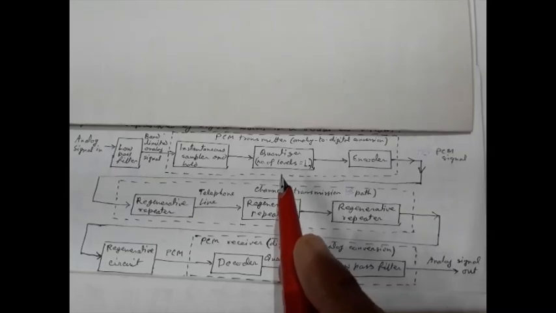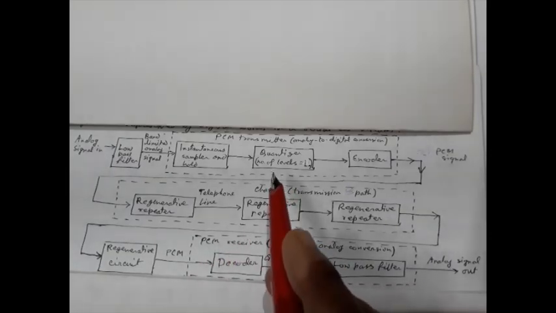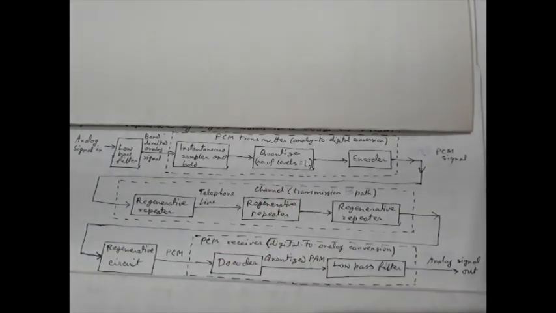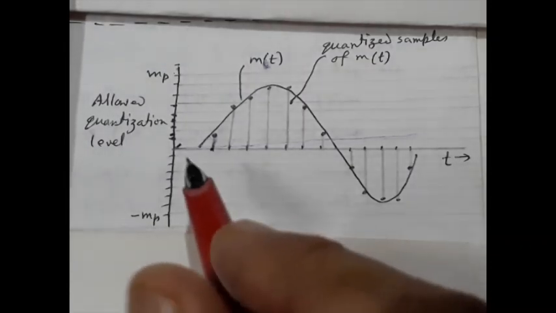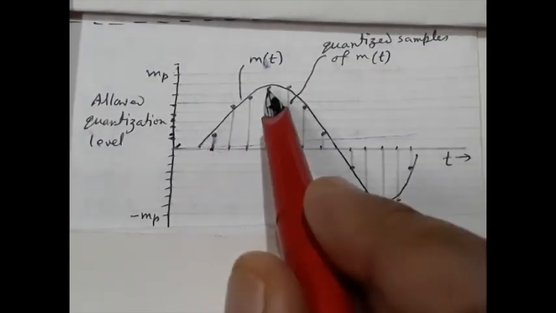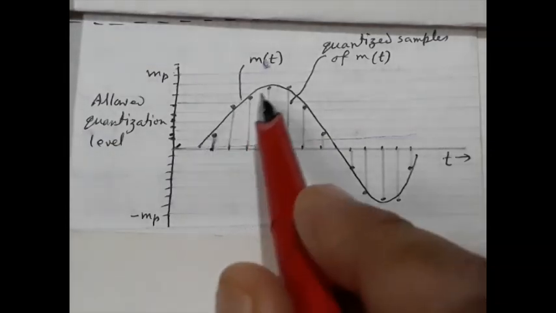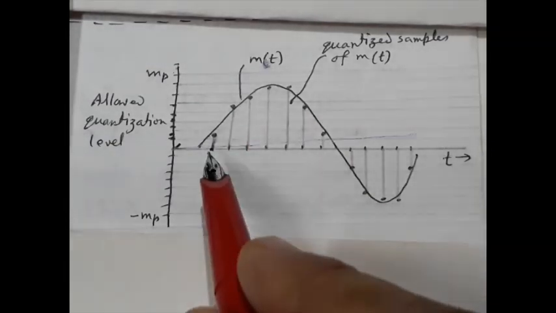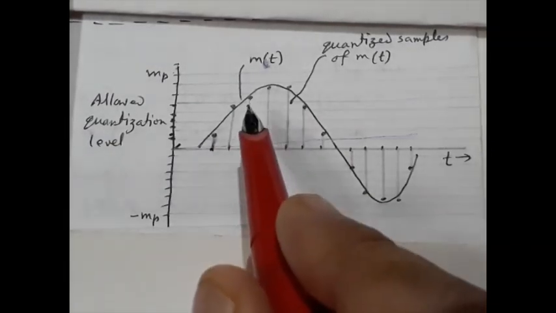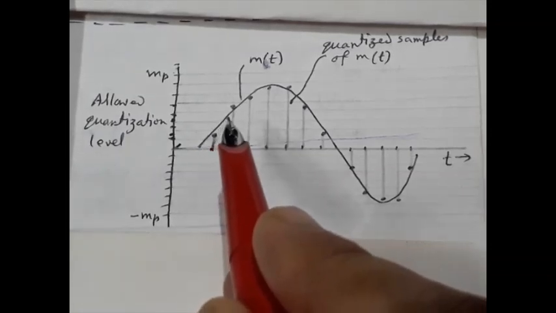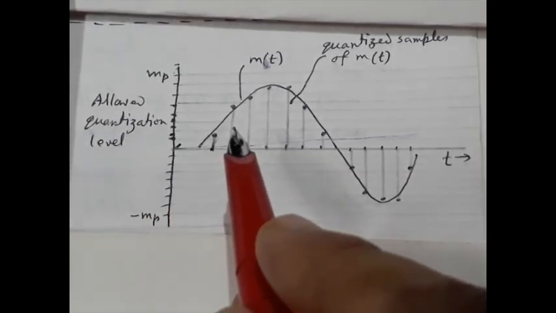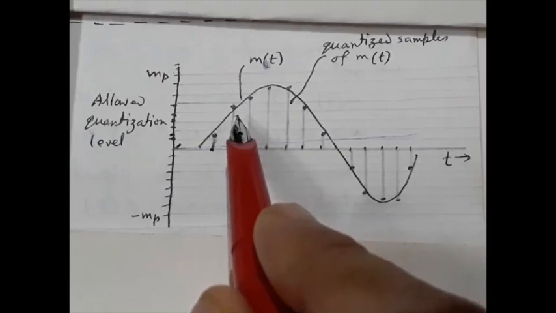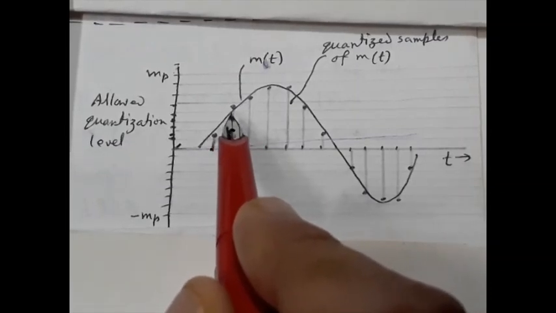So let us now try to understand the quantizer. To understand the function of quantizer, just consider that we have this signal, and we have taken the samples of these signals. Now we pass these samples through the quantizer.